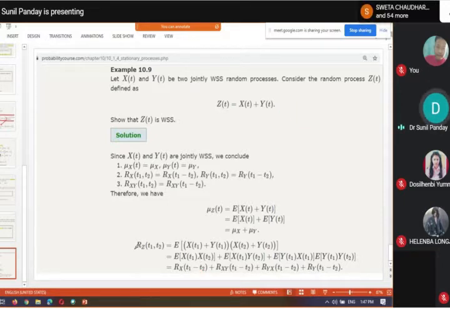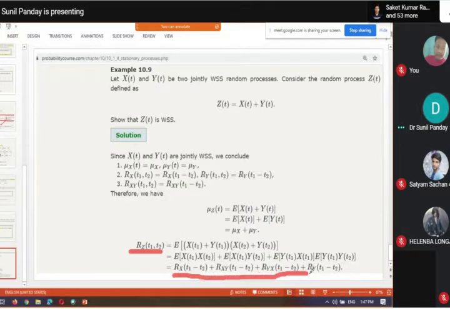So Rz(t1, t2) finally becomes a function of time difference. So both conditions for wide sense stationary are satisfied, and we can say that random process Z is wide sense stationary. And that was already shared with you.